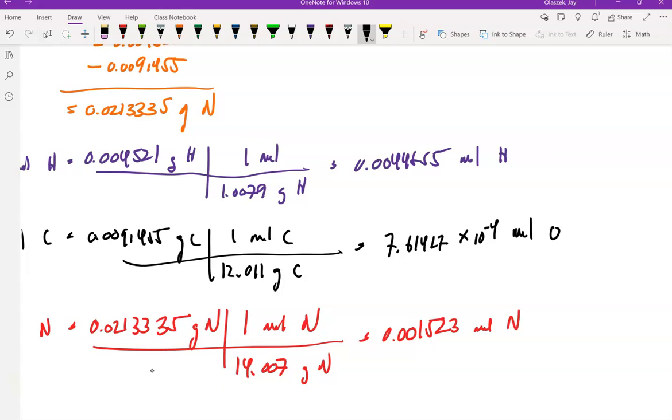Okay, let's do it like we used to do it in first year chemistry. Divide everything by the smallest mole. Well, that's clearly carbon, 7.61427 times 10 to the negative 4. And of course, that's 1.